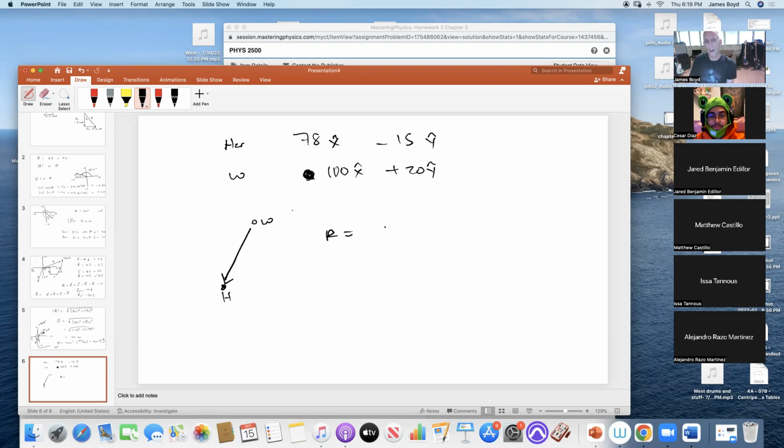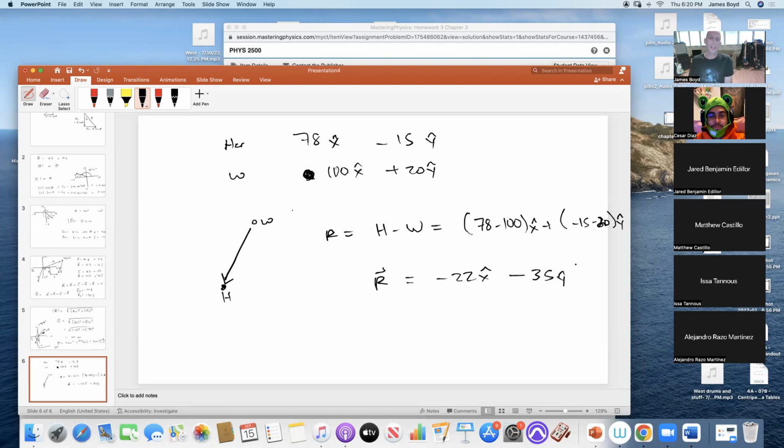And you could say that R is her position minus Ward, which would be 78 minus 100 in the X hat, plus negative 15 minus 20 in the Y hat. And that would have given us the same vector for R. It would have been minus 22 in the X, minus 35 in the Y, which is actually probably an easier way to do it.